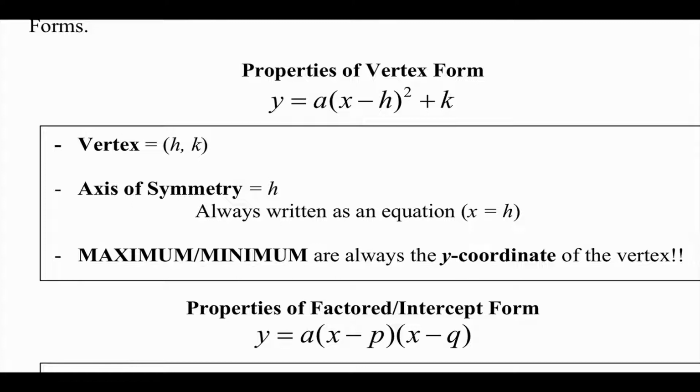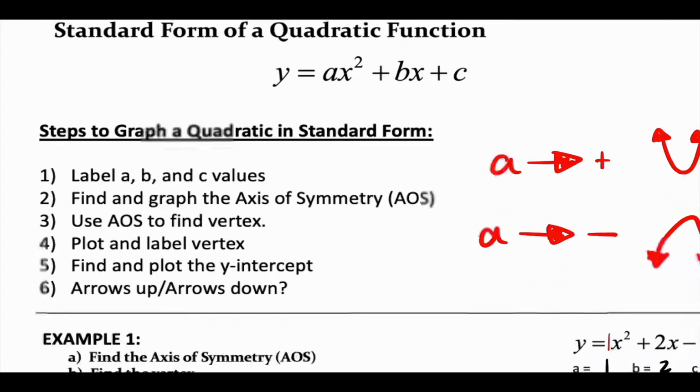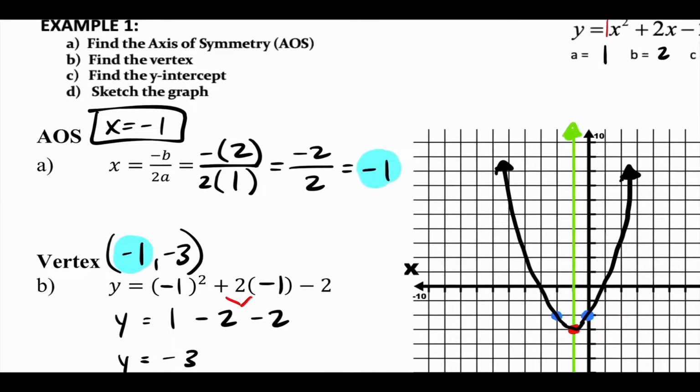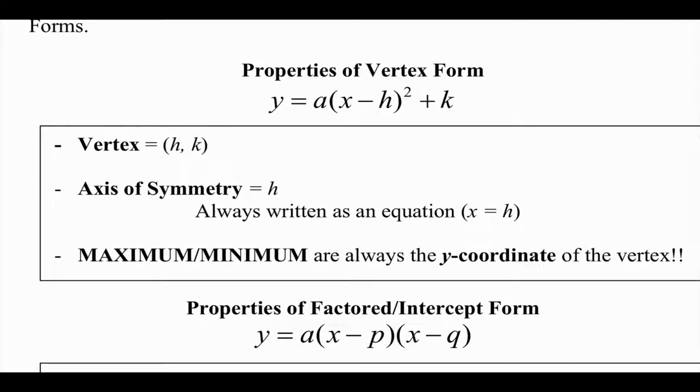Okay. So vertex form. The thing about vertex form is that the vertex is built in. The vertex is already there. You don't have to do any work. Last week, when we wanted the vertex, we had to use A and B to get to the vertex. We had to do some work, right? For vertex form, we don't have to do any work. It's already there. H comma K. H is the axis of symmetry.